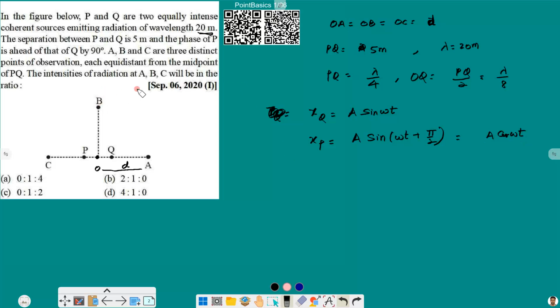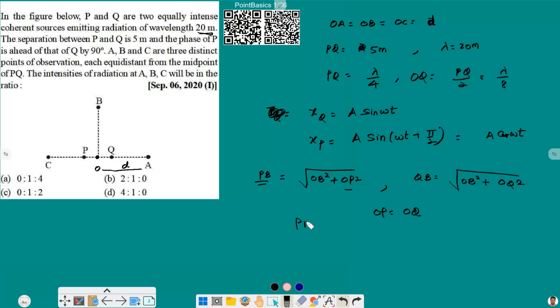Now let us start with the point B. We have to find out the intensities. So point B is at equidistance from both of these. The value of PB will be equal to root of OB square plus OP square, and the value of QB will again be equal to root of OB square plus OQ square, and we know that OP is equal to OQ.